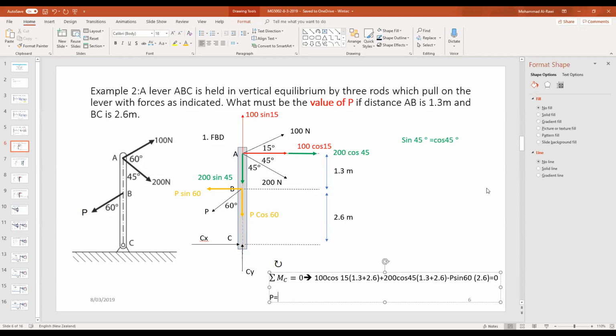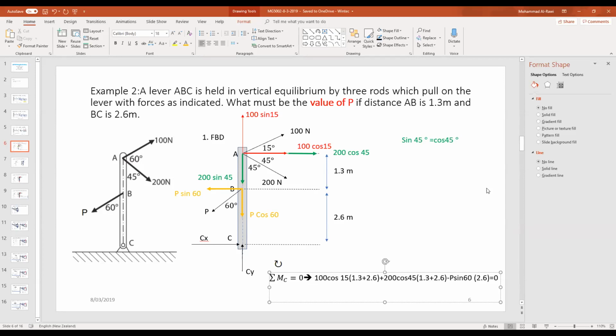Looks like a very complicated equation. My advice for you guys, when you try to solve this kind of equation, bring your calculator, and I will work it step by step. So the first one is cosine 15 times 100 times open brackets 1.3 plus 2.6 close brackets.